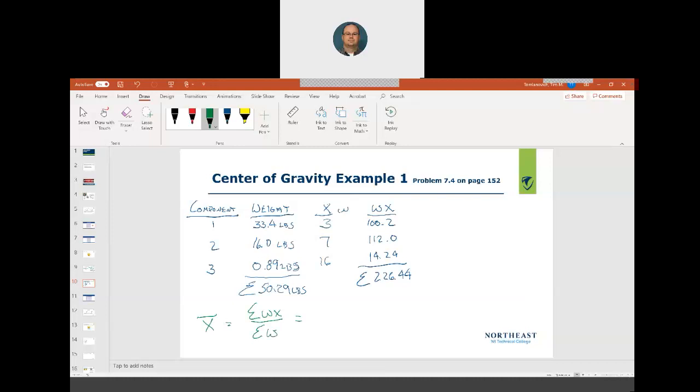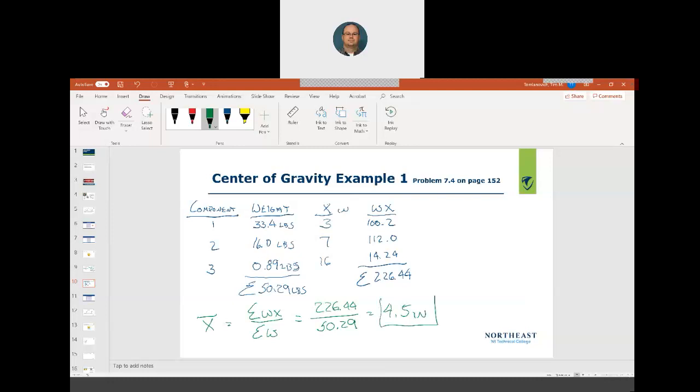So we have 226.44 divided by 50.29, and that equals 4.5 inches.